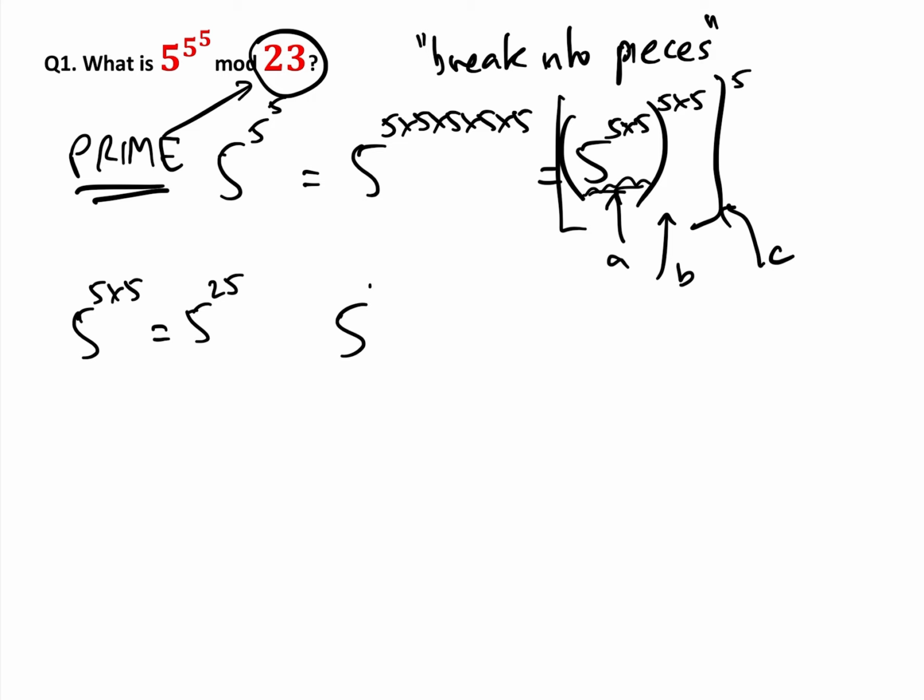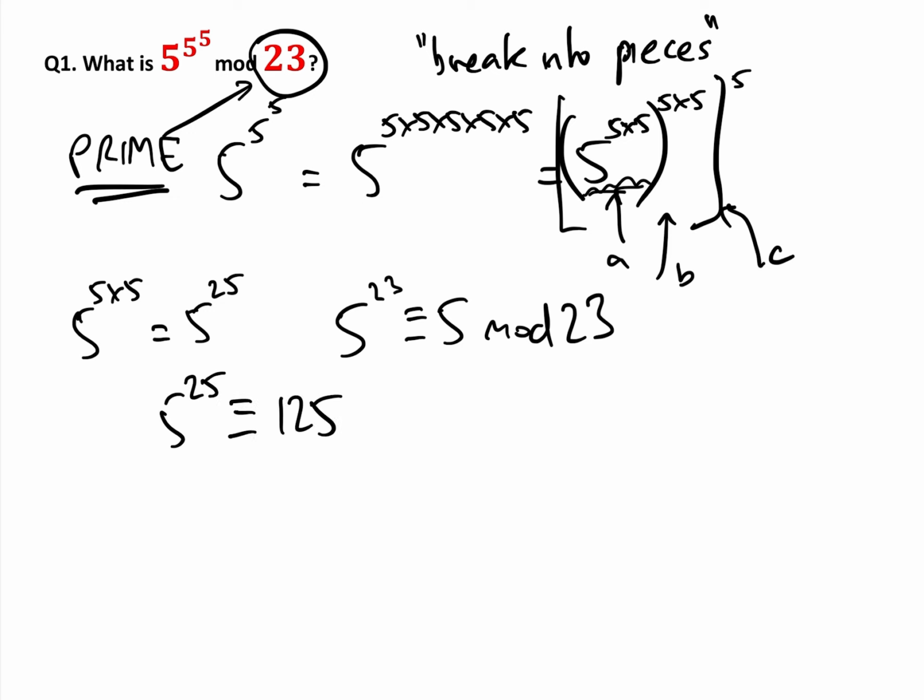By Fermat's little theorem, because it's prime, 5 to the power of 23 is the same as 5 mod 23. And therefore we can write 5 to the power of 25 as 5 cubed, 5 times 5 times 5, which is 125, mod 23, and just by dividing by 23 and getting the remainder, that is 10 mod 23. So the A bit here, mod 23, is 10.